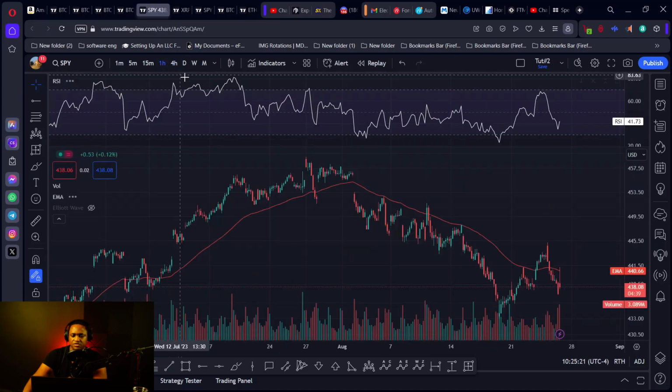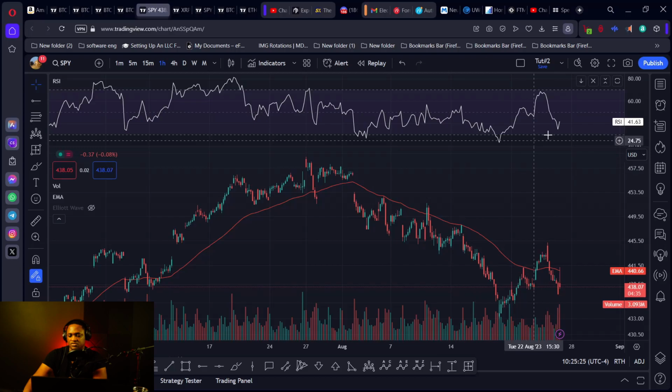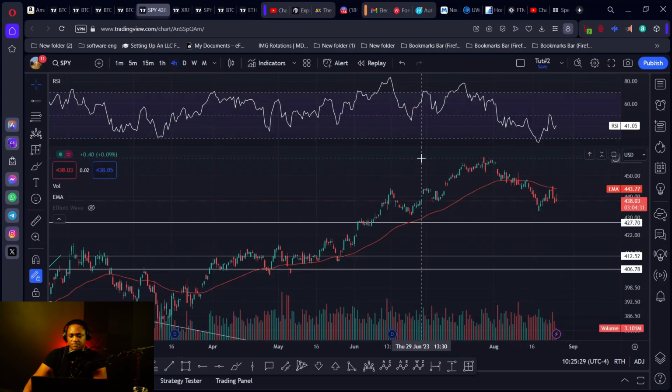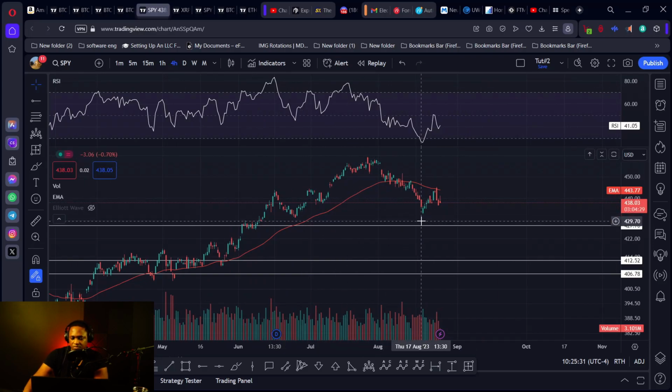So those divergences are the divergences that we need to study closely. And then we need to see what kind of reaction we are going to have on the 4-hour time frame when we are getting close to these levels right there. We need to pay attention to the reaction.